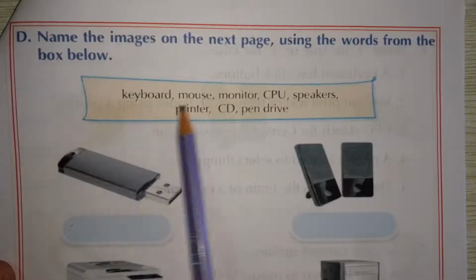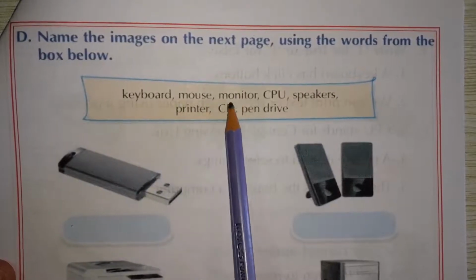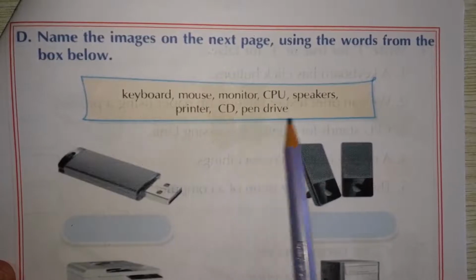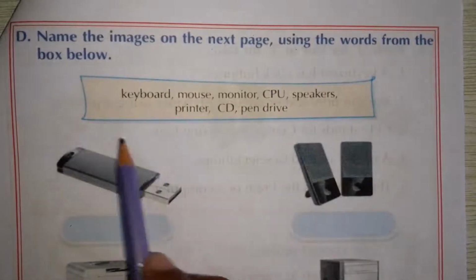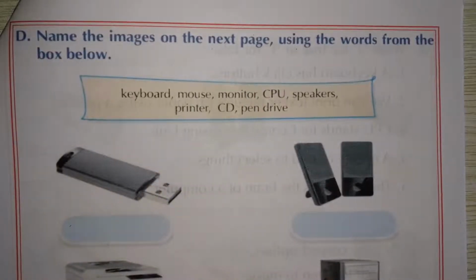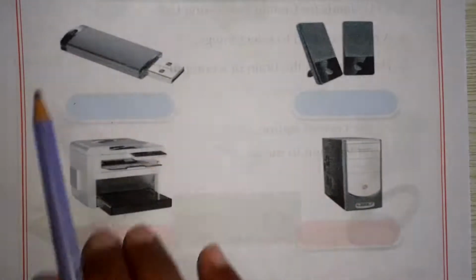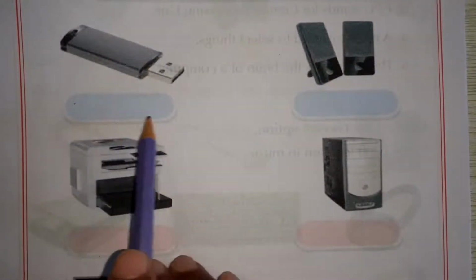Keyboard, mouse, monitor, CPU, speakers, printer, CD and pen drive. Okay? So these names we have to write here. See, there are some pictures here. For those pictures, we have to write that part's name here.